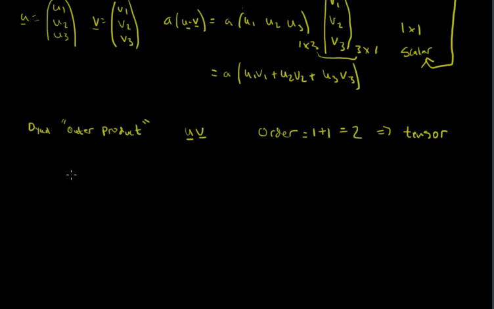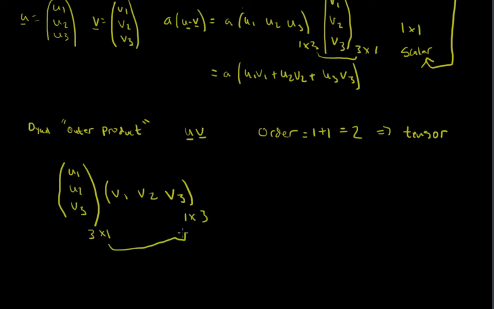The way you want to think about it is you take the normal first vector, u1, u2, u3, and you multiply that by the transpose of the second vector, v1, v2, v3. If you look at the dimensions, we have a 3 by 1 by a 1 by 3. Inner dimensions match, so this is a valid matrix multiplication. And the outer dimensions are 3 by 3, which is a tensor. Basically, a tensor is a 3 by 3 matrix. At least that's all we're going to be dealing with, 3 by 3 tensors.